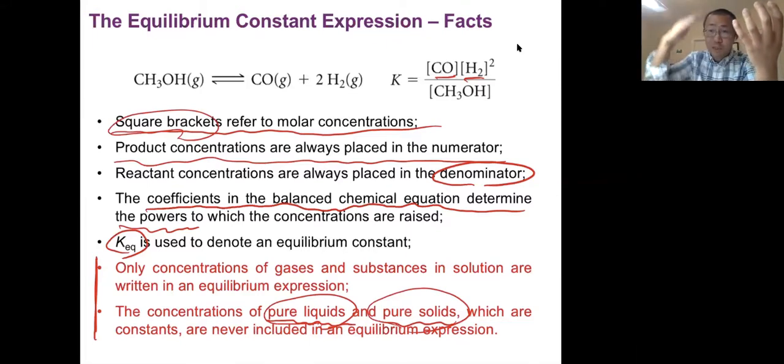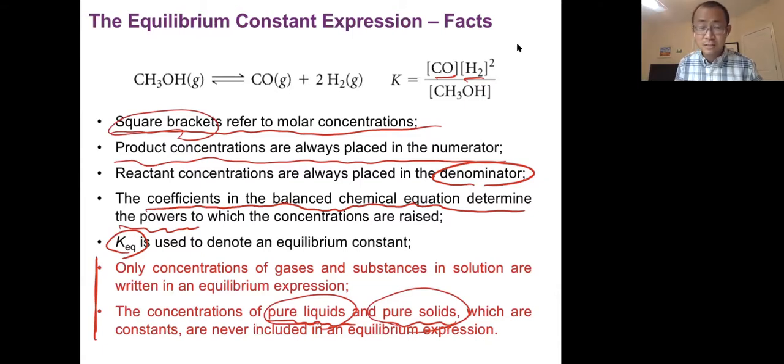What does percent mean? Parts over all. If something is pure, just by itself, parts is itself, all is itself. What's the concentration? 1. 100% is 1. If it is 1, we don't care. Mathwise, dividing by 1 or multiplying by 1, nothing changes. So that's why, again, pure liquid and pure solid are not included in the equilibrium constant.